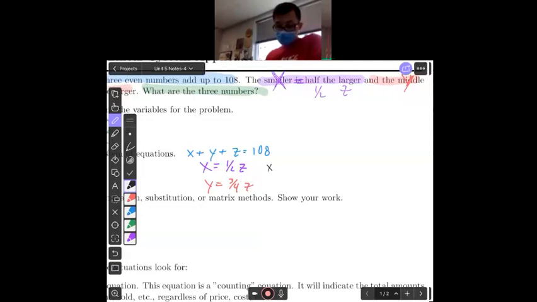So, x minus 1/2 z equals 0. y minus 3/4 z equals 0.